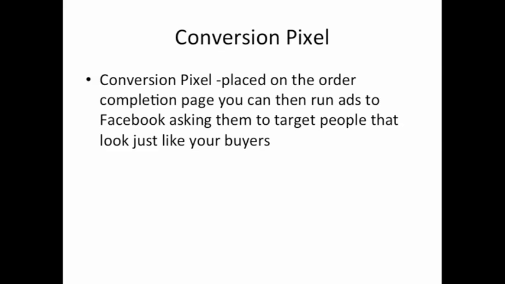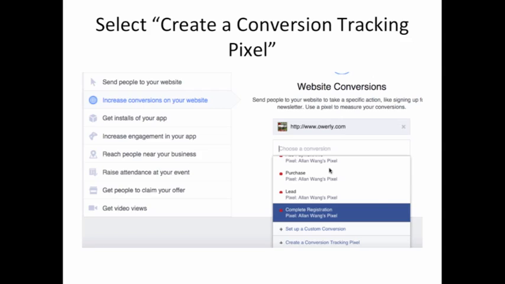So now we're going to talk about conversion pixels. And this is to track audiences that convert, whatever it is that you want to track the conversion of, whether it's sales or opt-ins. So you're going to go to increase conversions on your website, enter your web page, select the action that you want to track, whether it's a purchase, a lead, or registration.